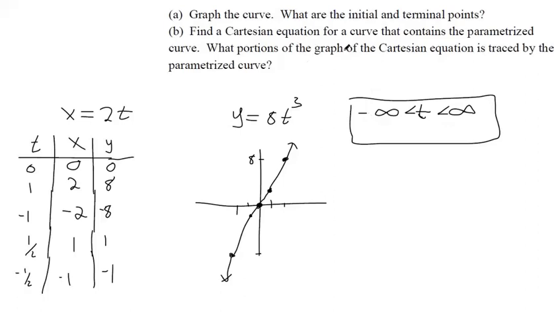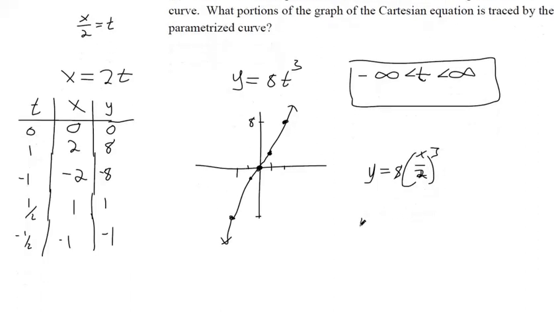Find a Cartesian equation for the curve. So this is where we get to do some algebra. If I solve for t here, I need to divide both sides by 2, right? And I'm using that substitution method from algebra. I'm going to plug in x divided by 2 for t. So I get y equals 8 times x divided by 2 to the third power.